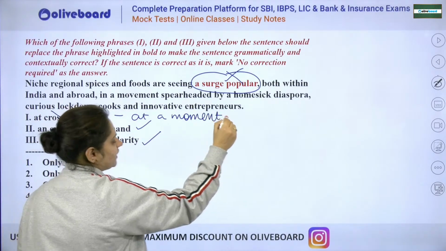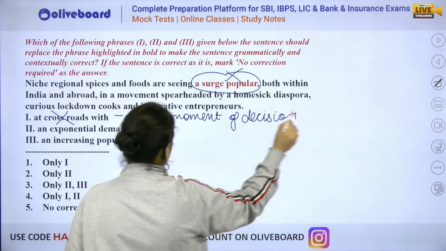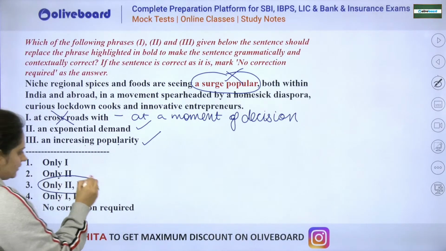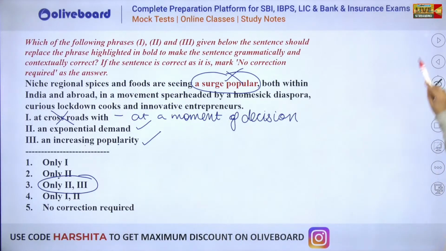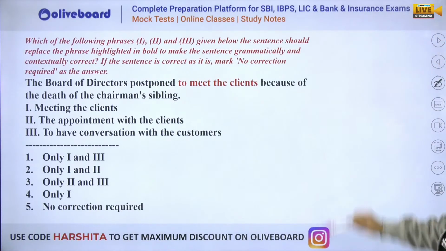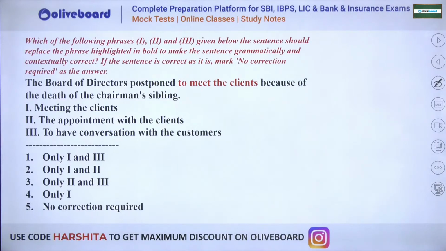At a crossroad means where you have to make a decision. So only meaning wise which will fit? 2 and 3. Again, elimination is possible and it is a doable question. Okay, do you have more like these? Yeah, next one, the third phrase replacement question.